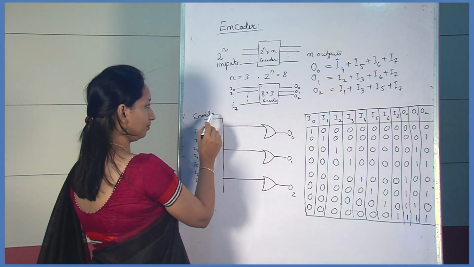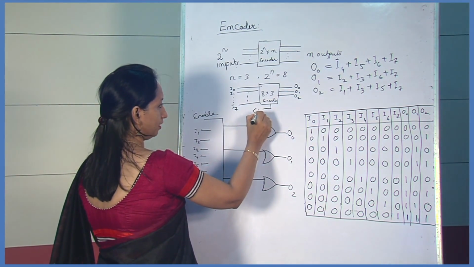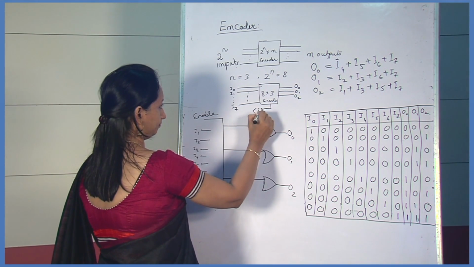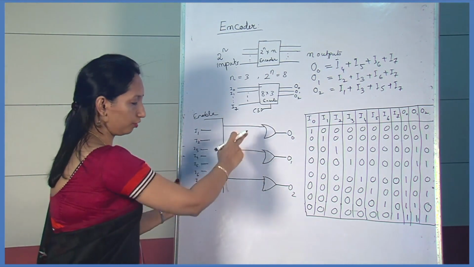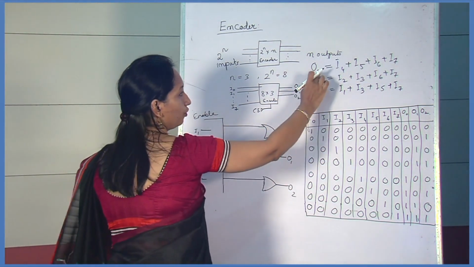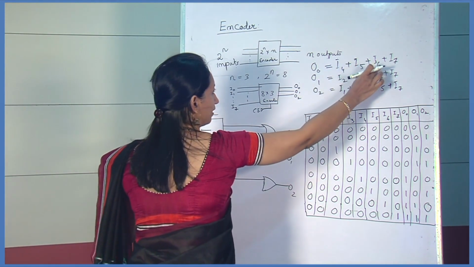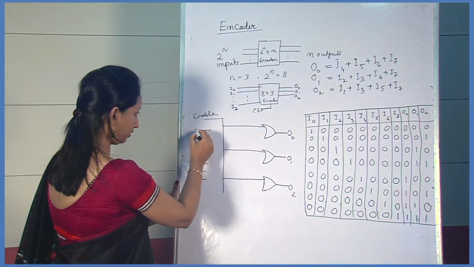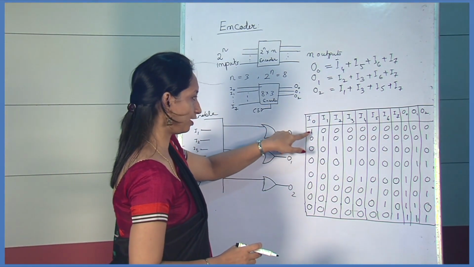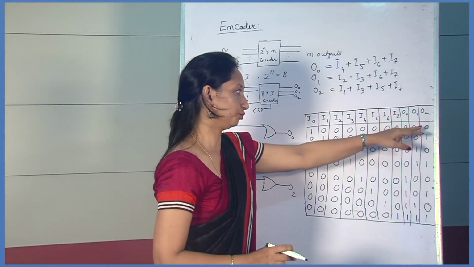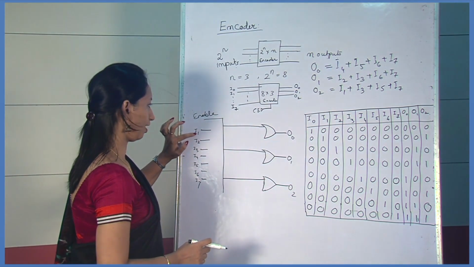Here one enable input, to enable the chip, is applied to all the 3 OR gates. Now for O0, what are the inputs? I4, I5, I6 and I7. As when I0 is high no output is high, I have not given I0 here, I have started from I1.